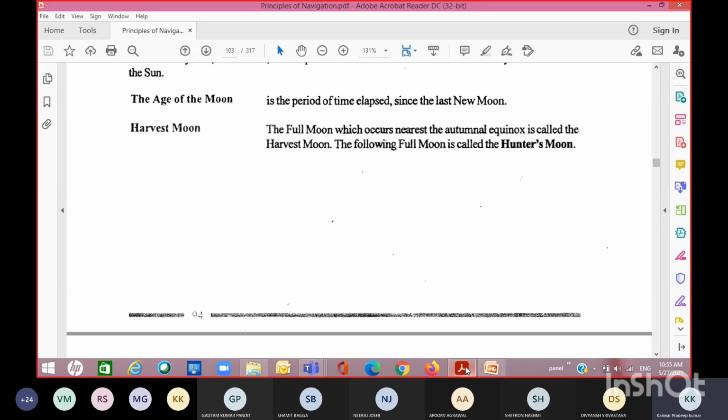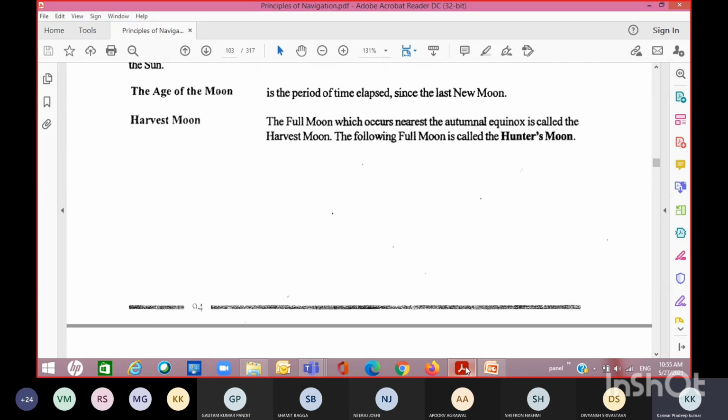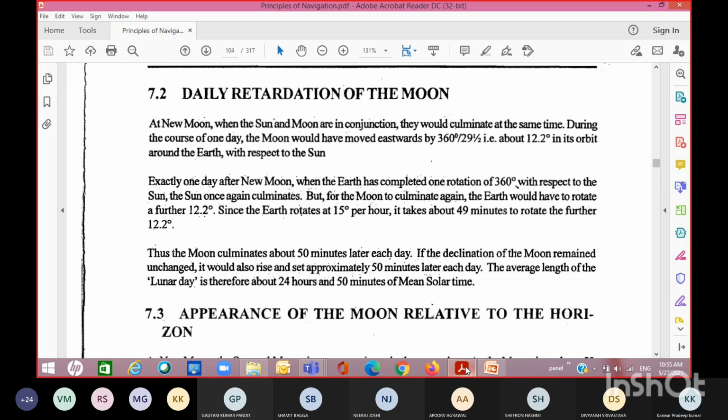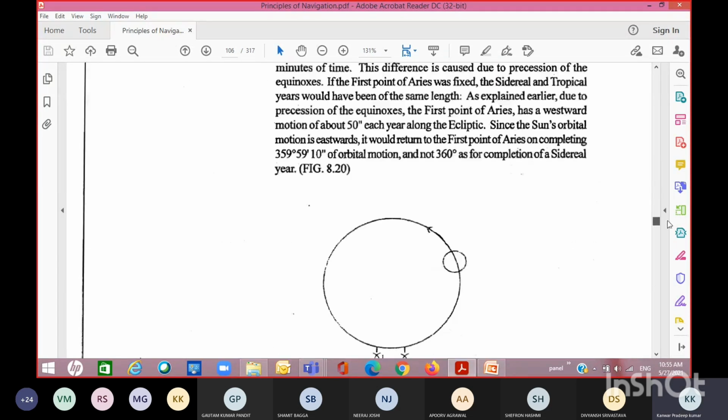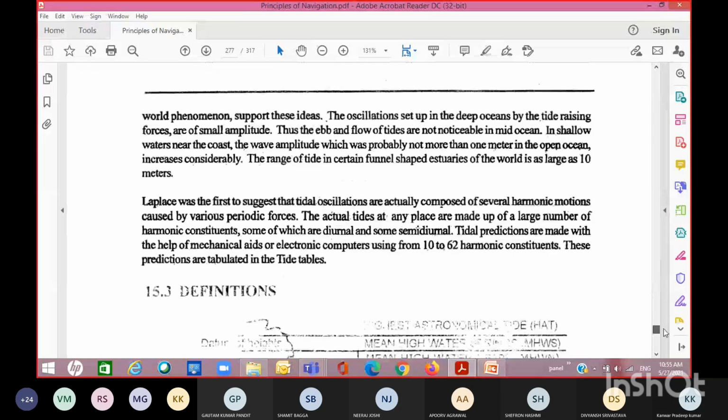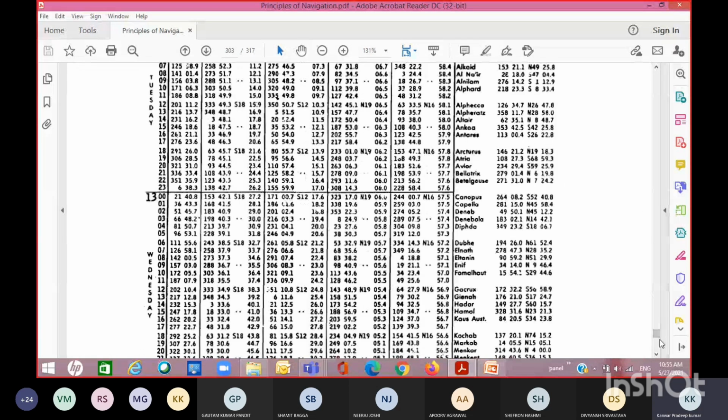There is one column for the age of the moon or the phase of the moon. It is the time period elapsed since the new moon, not the full moon. So this is page 104. I will just quickly take you down.